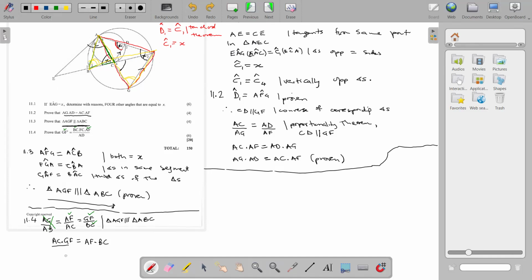So we divide both sides by GF. AC is equal to AF times BC all over GF.